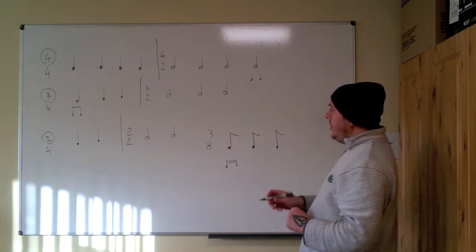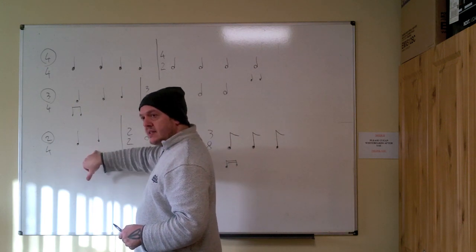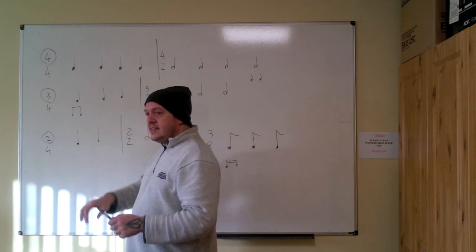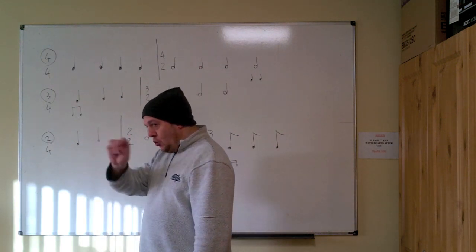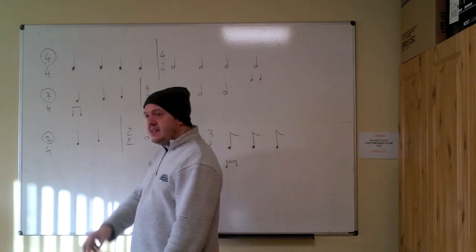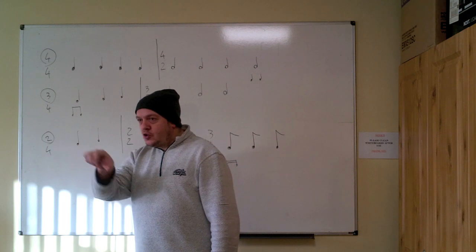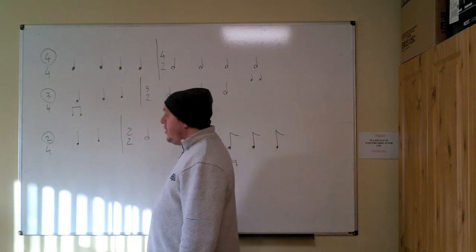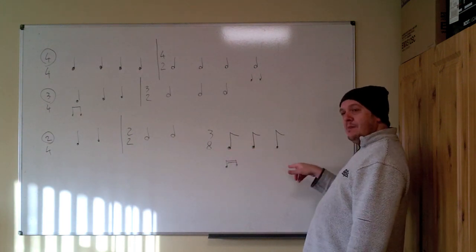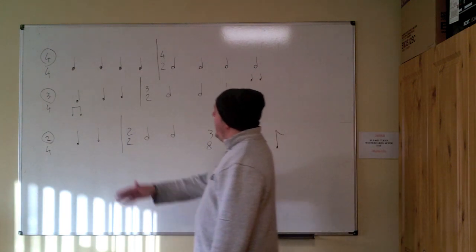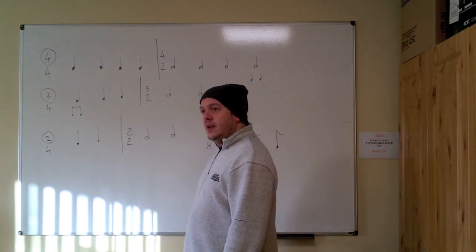If we have two beats, it's a simple duple time signature. If we have three beats, it's a simple triple time signature. If we have four beats, it's a simple quadruple time signature.